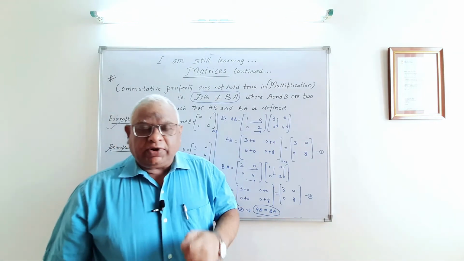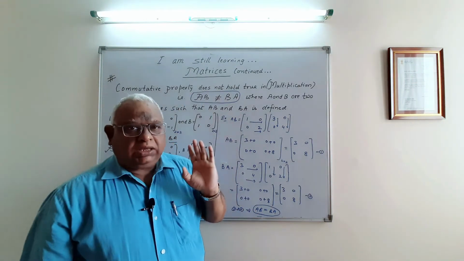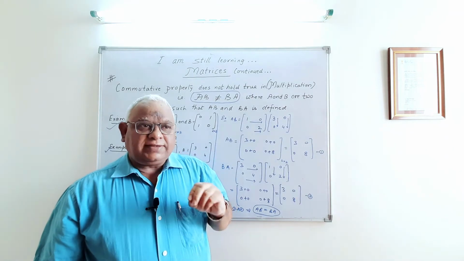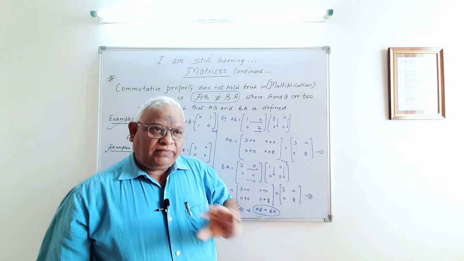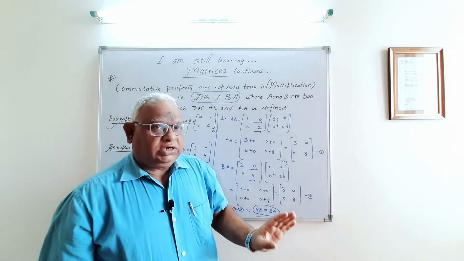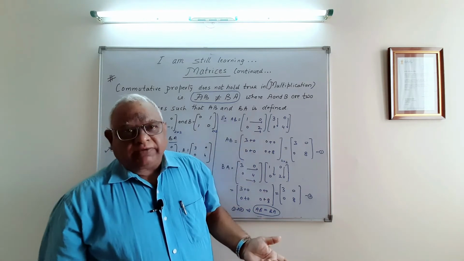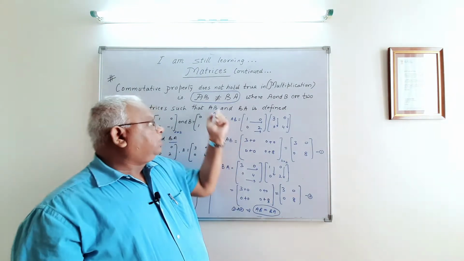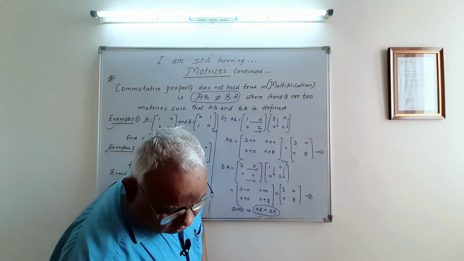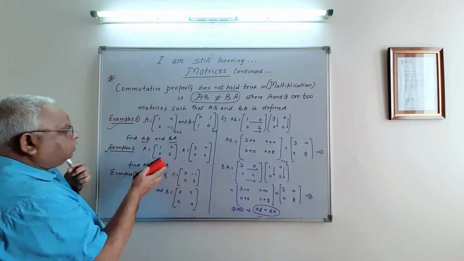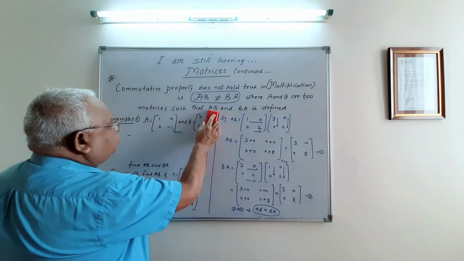So what should be the result? See, when we talk about any property, the property is verified only when it is verified in each and every condition. If it is partially verified and partially not verified, then the property does not hold true. That is the conclusion of these two examples. So these two examples are over.